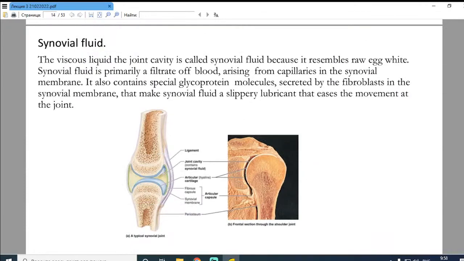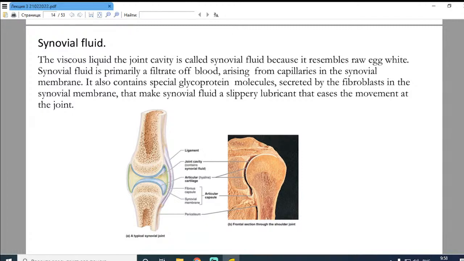Synovial fluid: the viscous liquid in the joint cavity is called synovial fluid because it resembles raw egg white.